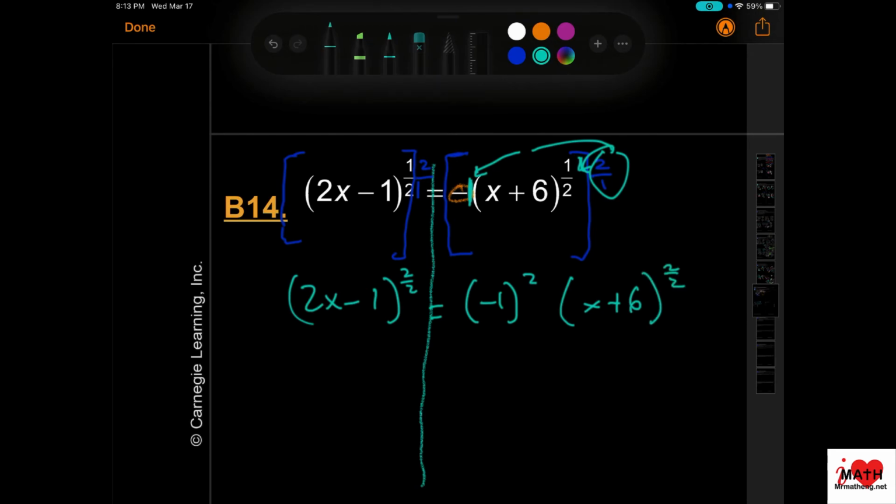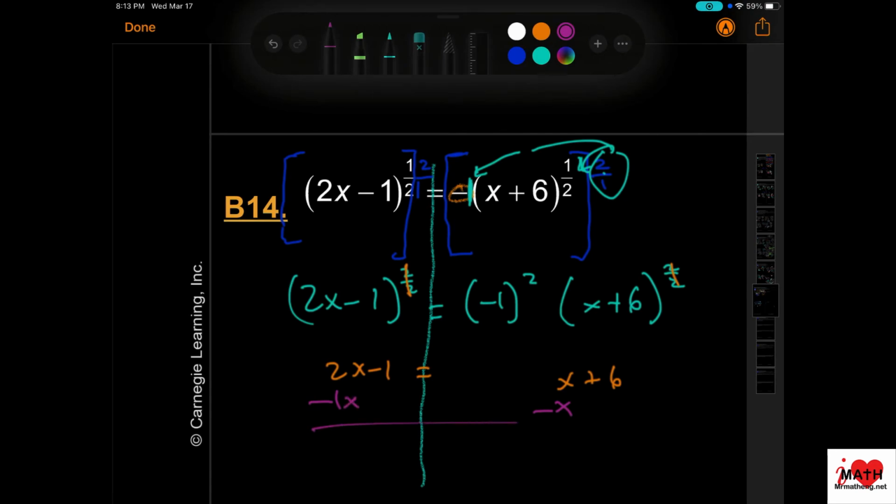Because when I multiply 2 times 1/2, that's just 2 over 2. Okay? So that will just become 1, so I don't need the parentheses anymore. Negative 1 squared just becomes positive 1, and I don't need to write a positive 1. So you're just left with an x plus 6, and then you can just solve right here.